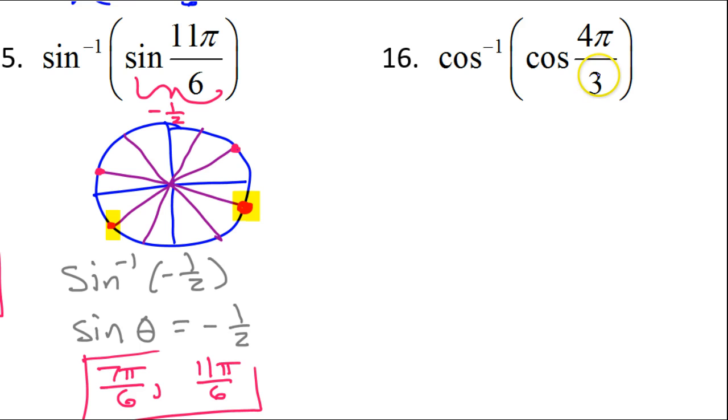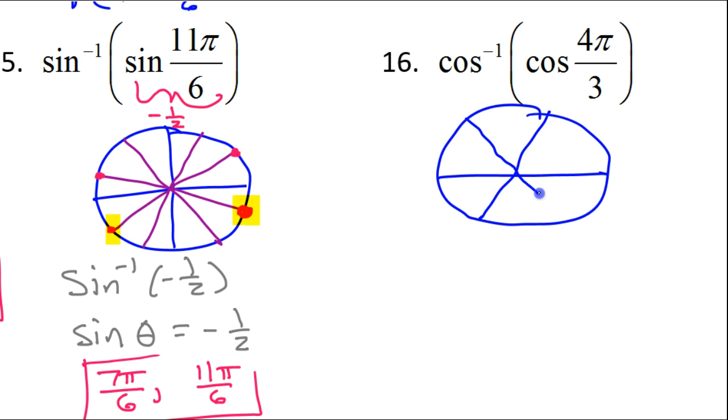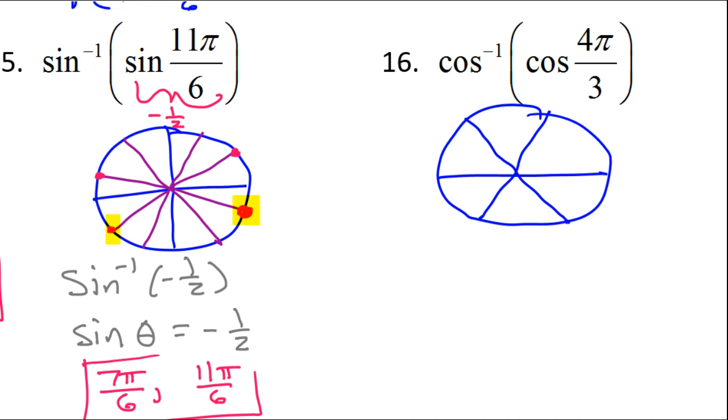Clearly the reference angle is pi over 3. So let's draw that. So these are pi over 3's and 4 pi over 3. So 1, 2, 3, 4 pi over 3 is right here.